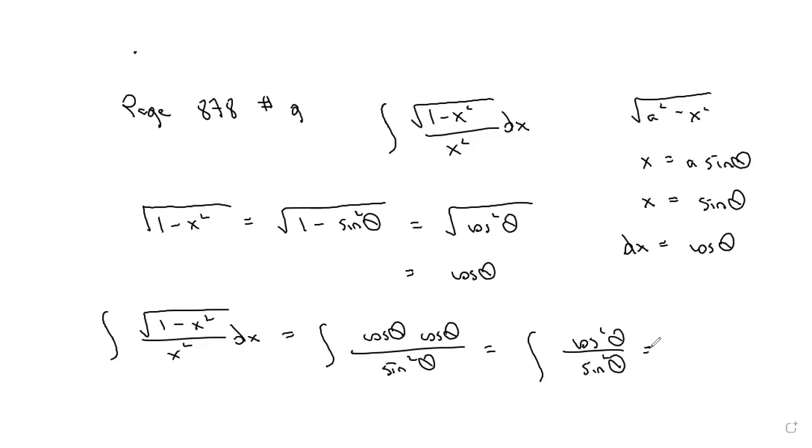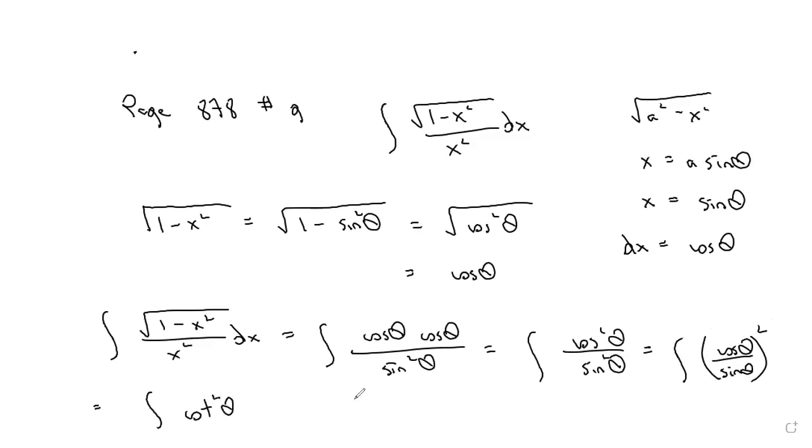Okay, so you could take the square and surround the entire expression with it like this. So the integral of cos theta over sine theta, squared. You're allowed to do that when you have a thing squared over another thing squared. And then cos over sine should be cotangent. So the integral of cotangent squared.